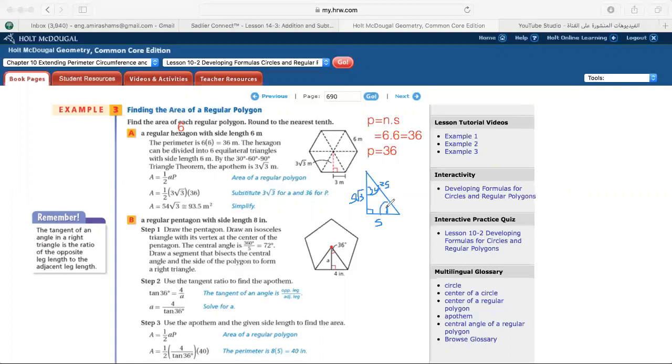If I have a 30-60-90 triangle, it has a rule. The hypotenuse is 2S. The side that corresponds to the 30 degree angle is S, and the side that corresponds to the 60 degree angle is S root 3.